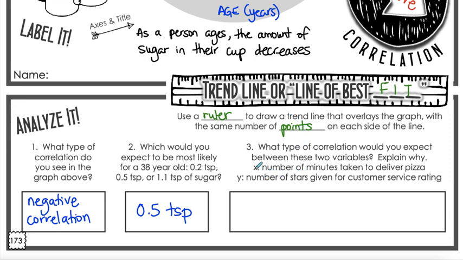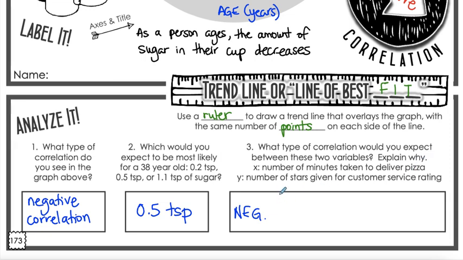So the longer it takes for someone to deliver your pizza, the lower the ratings you might give them, because you have to wait longer, so you're probably going to be hangry, and it's going to be colder, so it might not taste as good. So I would say that this would have a negative correlation. And someone could argue this the opposite way, and I look forward to some of those discussions when I get back. So it's a negative correlation, so NEG for short. And why is that?